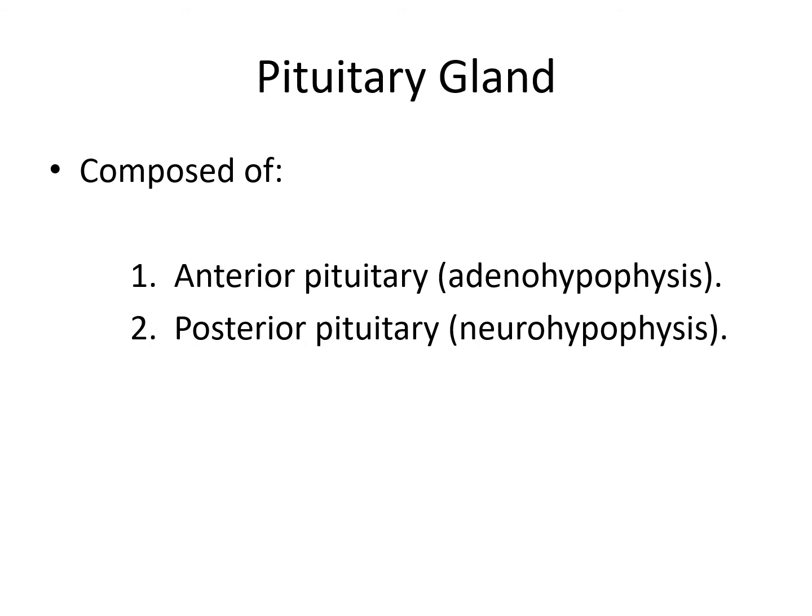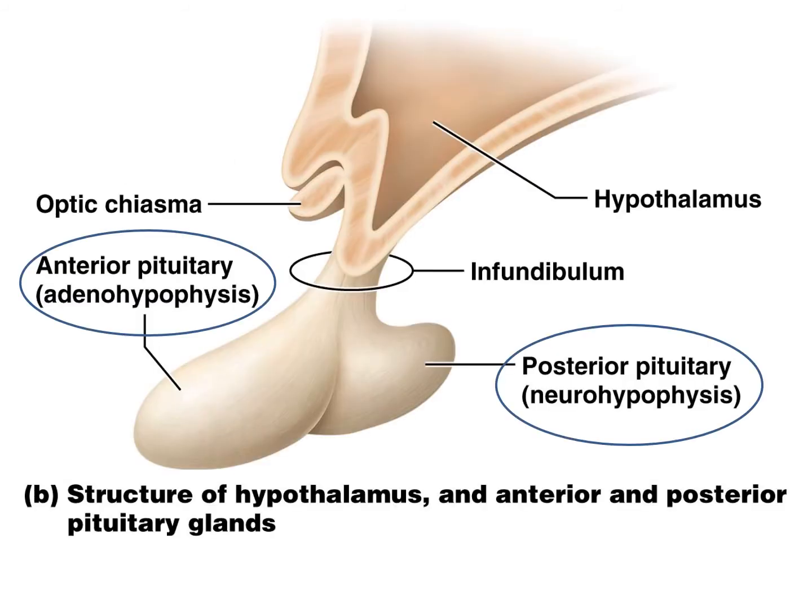There's an anterior pituitary called the adenohypophysis, and the posterior pituitary called the neurohypophysis. So if you have trouble remembering them, they're in alphabetical order. So in this diagram that shows a large picture of the pituitary, here we see the anterior pituitary or adenohypophysis and the posterior pituitary or the neurohypophysis.